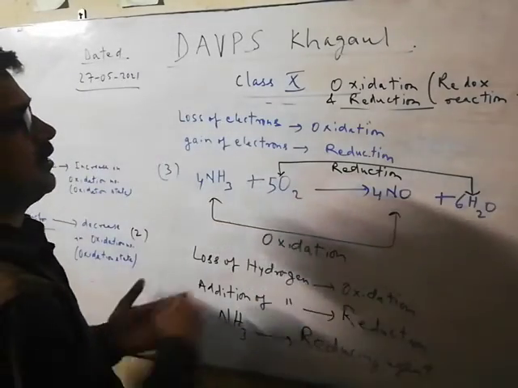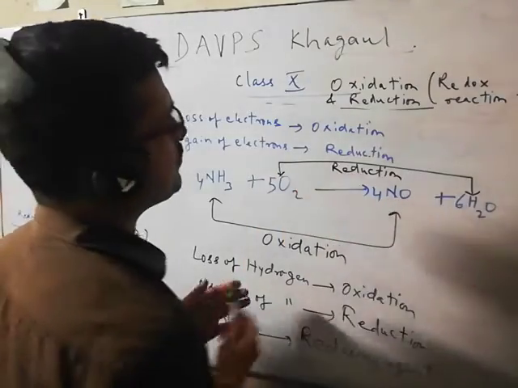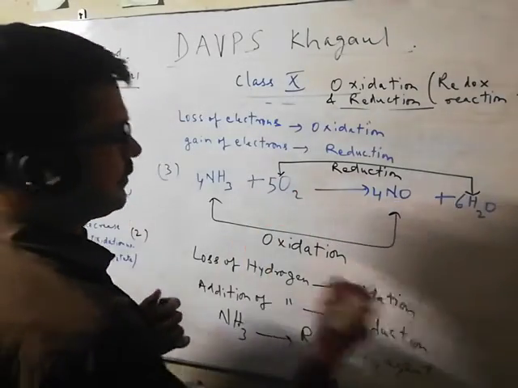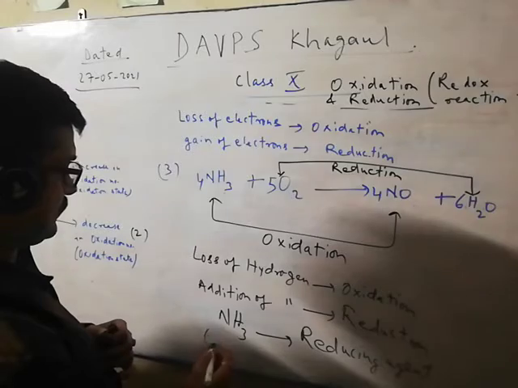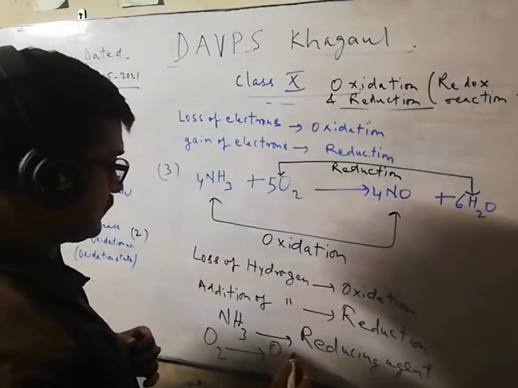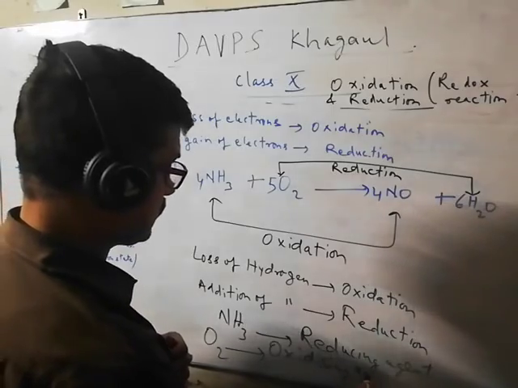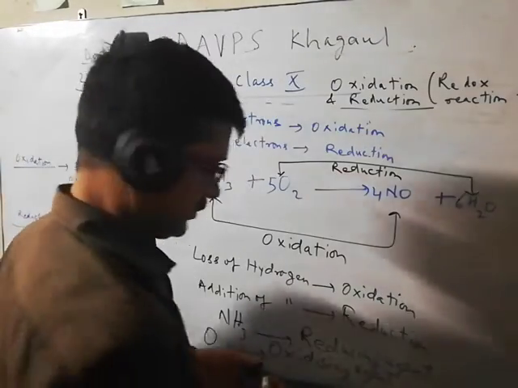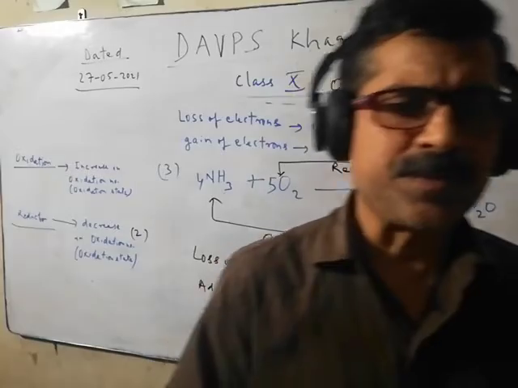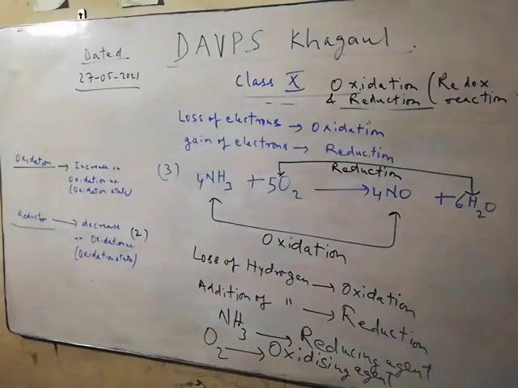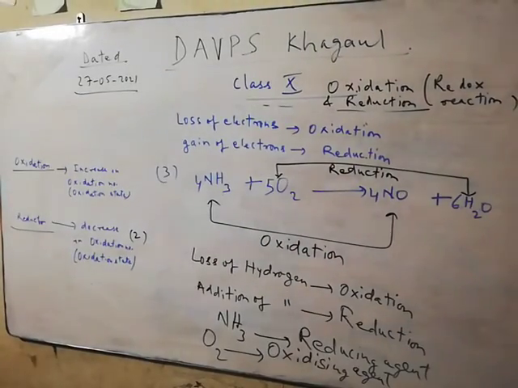Here O2 is being reduced, so O2 will be the oxidizing agent. So these points are important. We will continue in our next video. All these exercises, we will solve some more questions. Okay students, thank you.